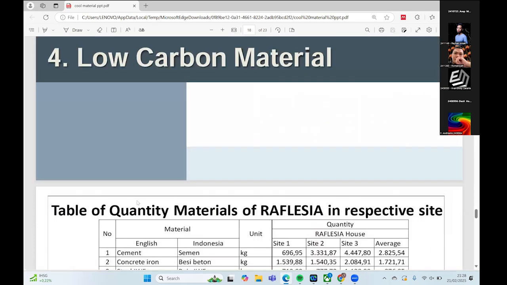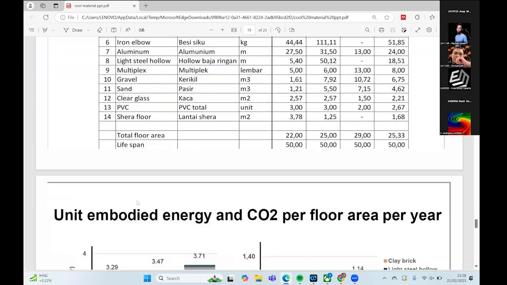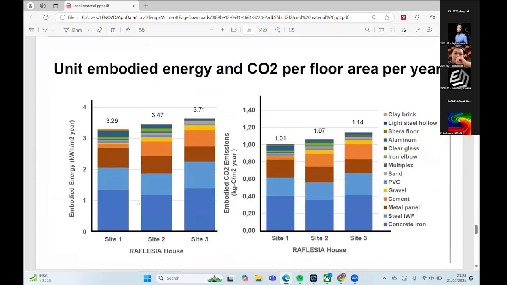And when we look at the low carbon material, we calculated three samples of our house. We compare them with the normal house in Indonesia. We compare our material, and then we compare the embodied energy and CO2 emission per year.